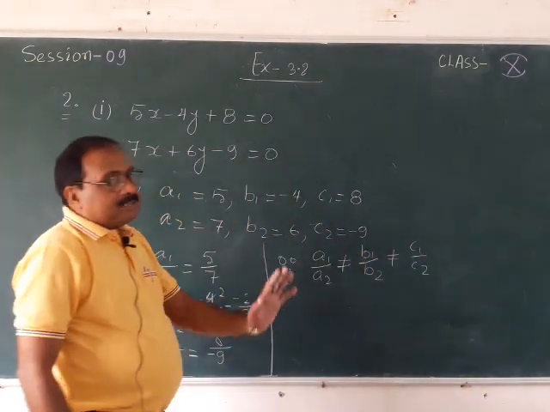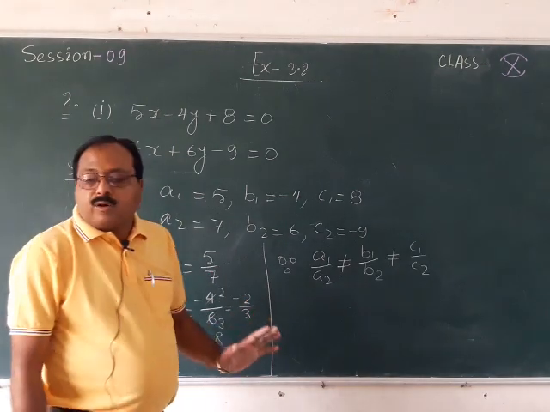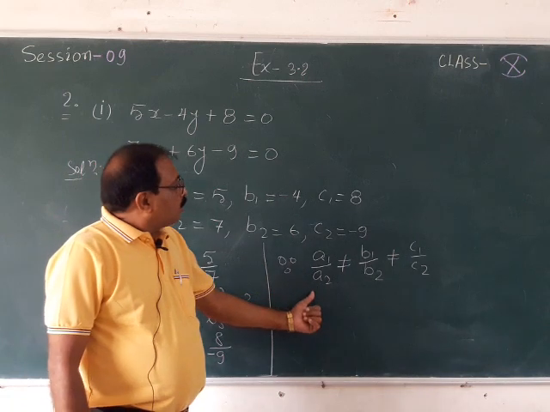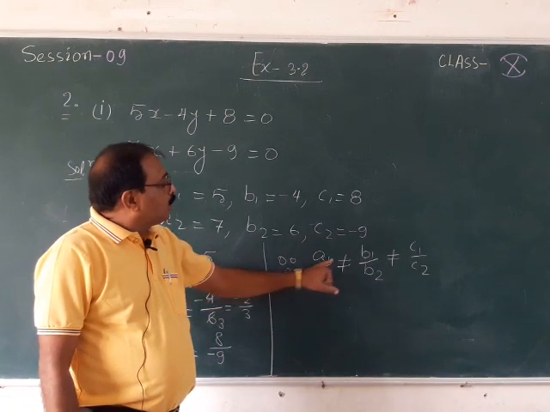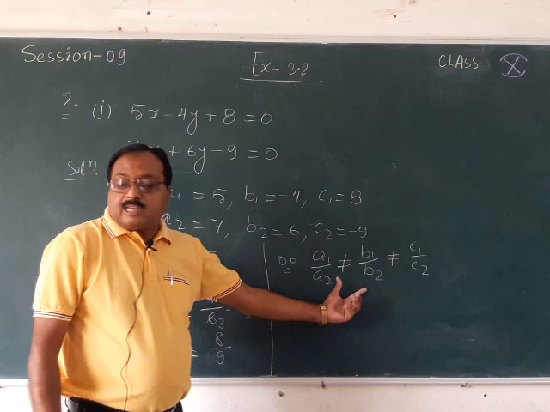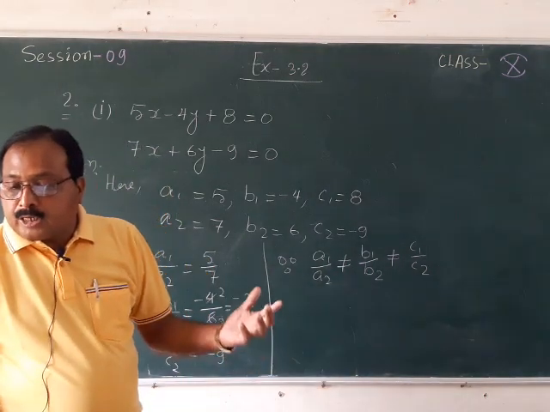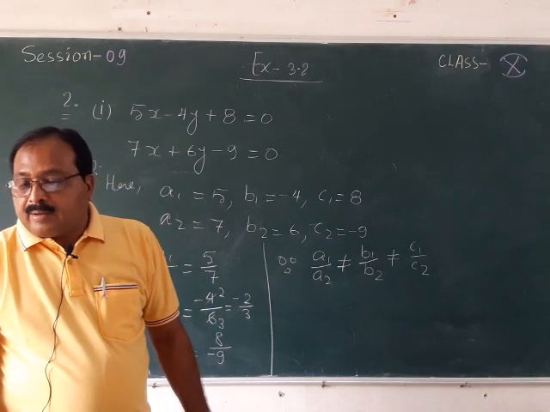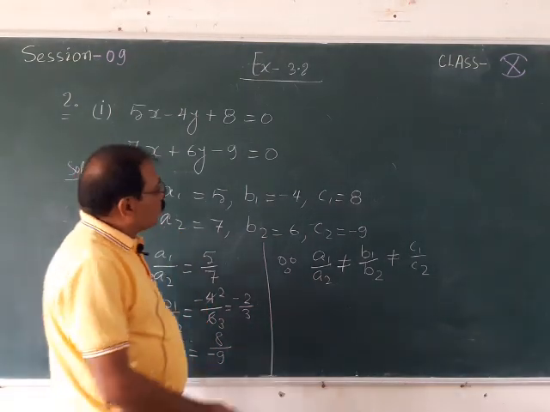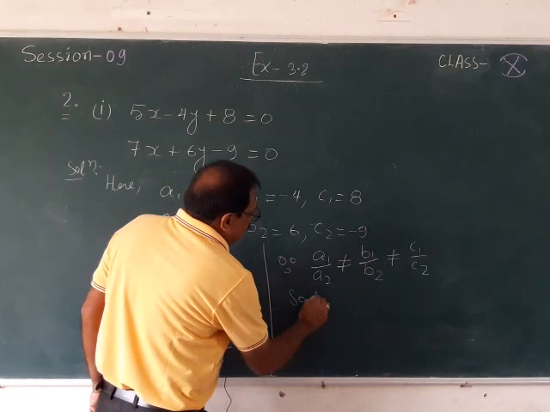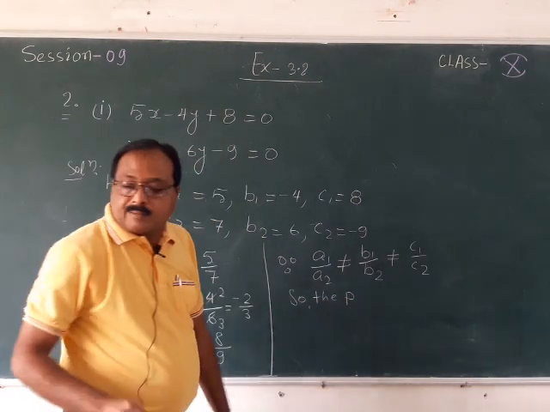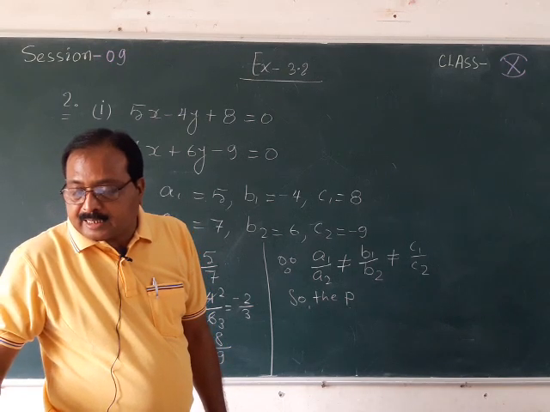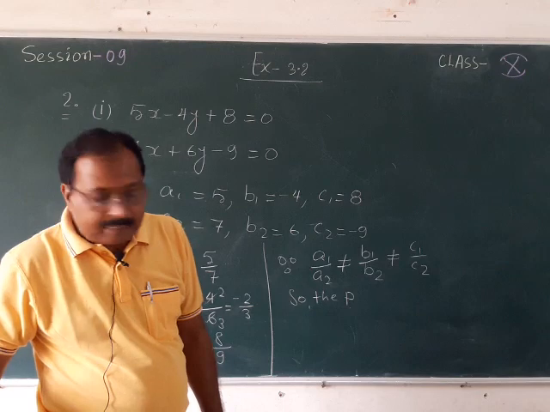So as I have stated, this is the condition for a unique solution. For a unique solution you need to check only that A1 by A2 does not equal B1 by B2, then the equation has a unique solution, because you have intersecting lines and they have exactly one solution. What are they asking? Find out whether the lines representing the following pair of linear equations intersect at a point.